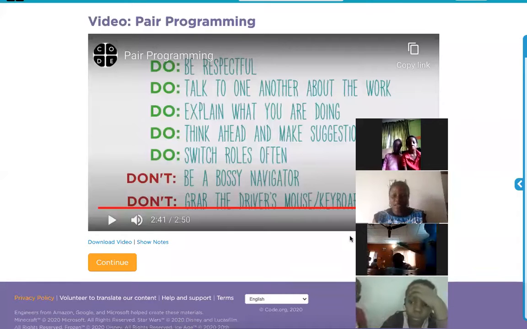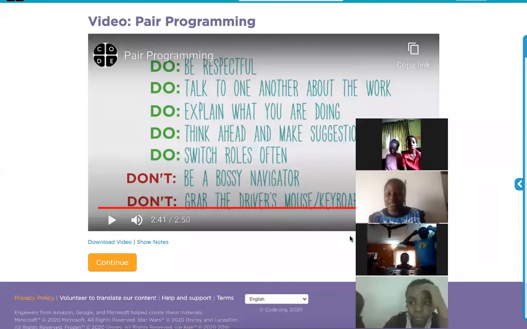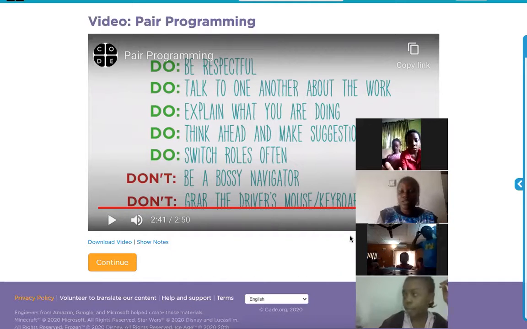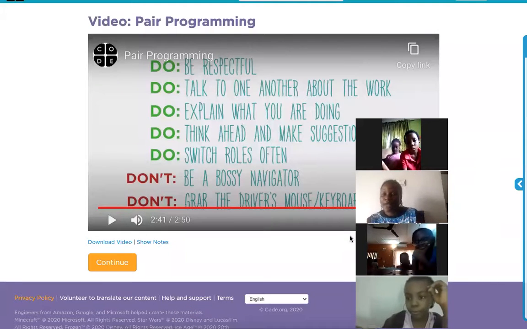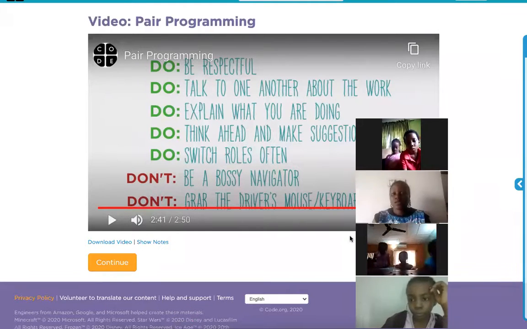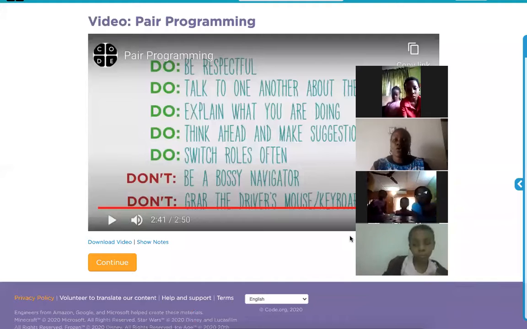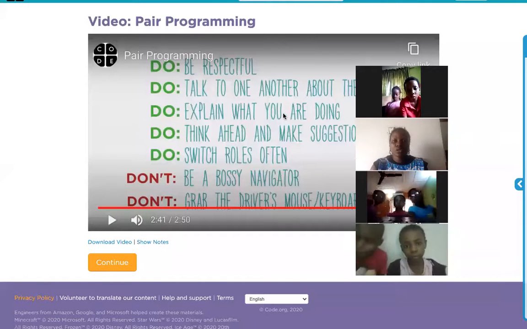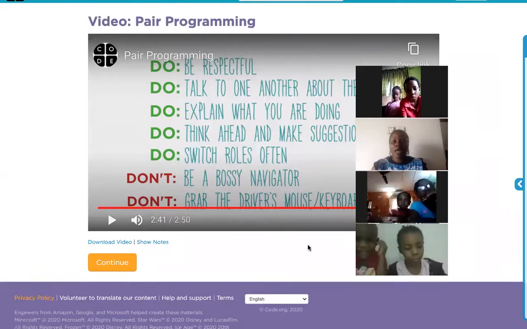I know some of us seated here were using the same computer with our brother, or our sister, or our friend. So that's where pair programming comes in: you being able to use the same computer with someone else, and you assist each other.